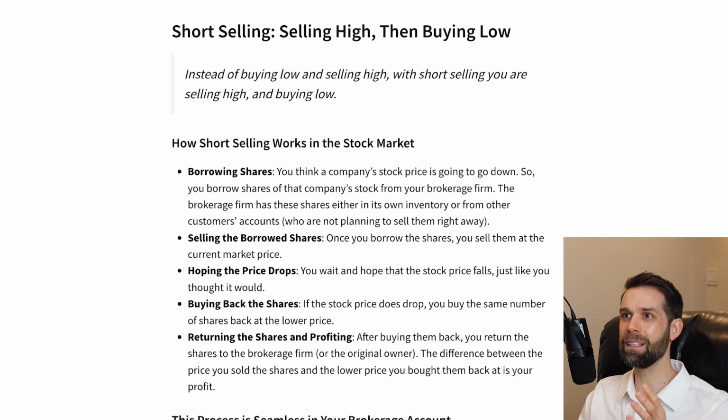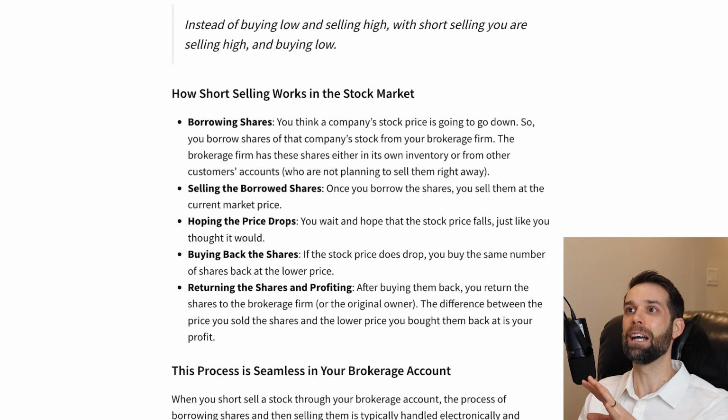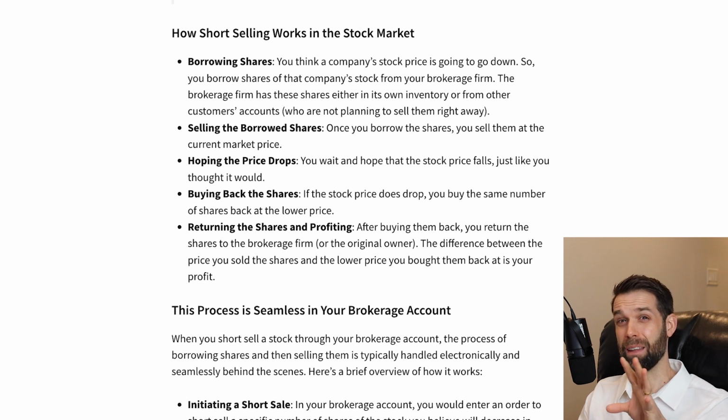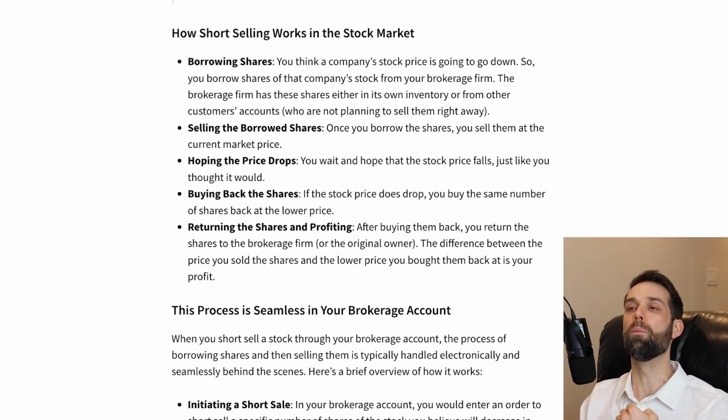So let's talk about how short selling works in the stock market, the behind the scenes of this whole notion of borrowing shares. You think a company's stock price is going to go down. So you borrow shares of that company's stock from your brokerage firm. The brokerage firm has these shares in their inventory or from other customer clients that they have access to.